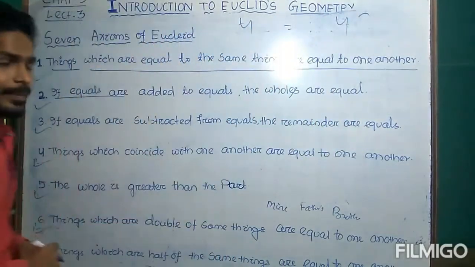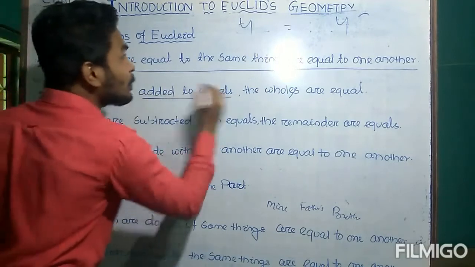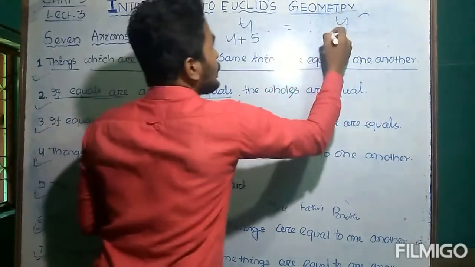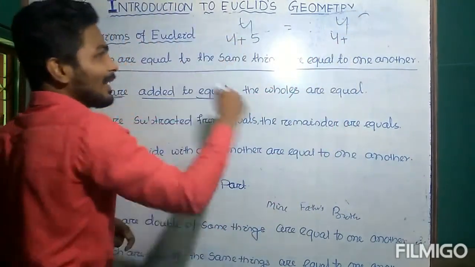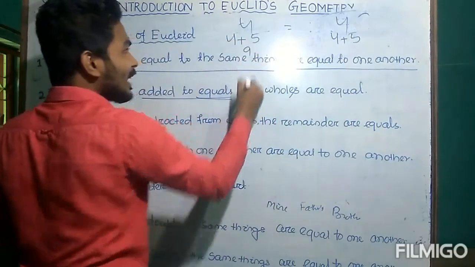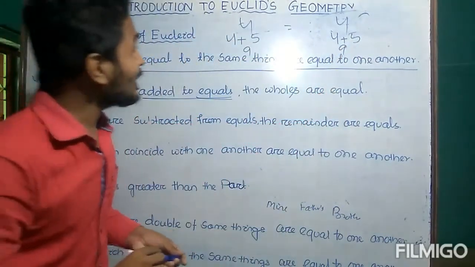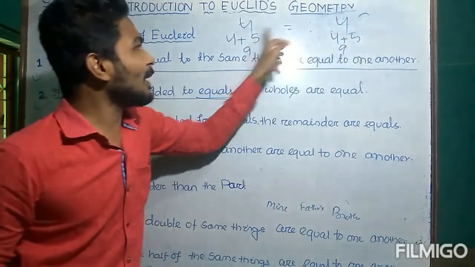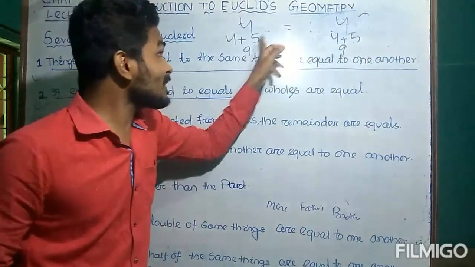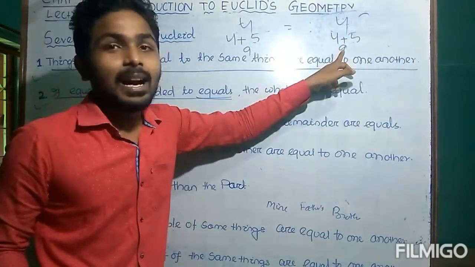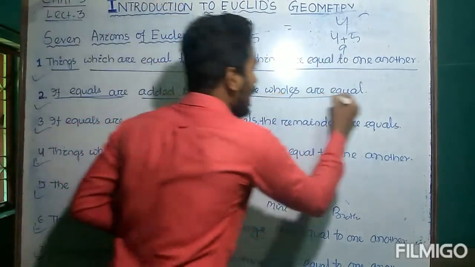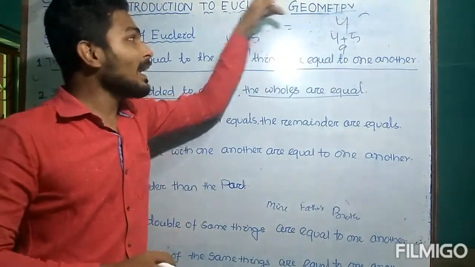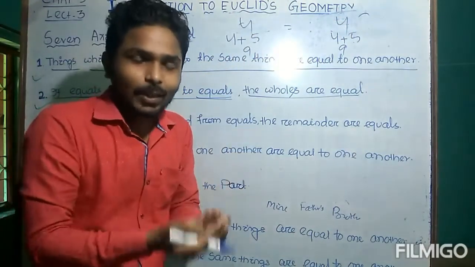If you add 5 to this 4, and here also you add 5 to that 4, then the result is 9 here, and here also 9. So it says that if equals are added to equals, then the wholes are also equal. If two things are equal and added to the same thing, then the results that you get are also equal with each other.